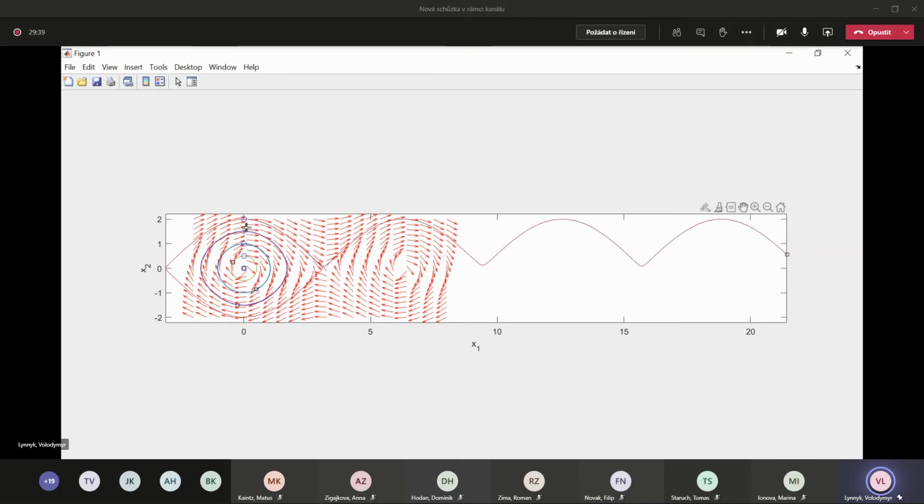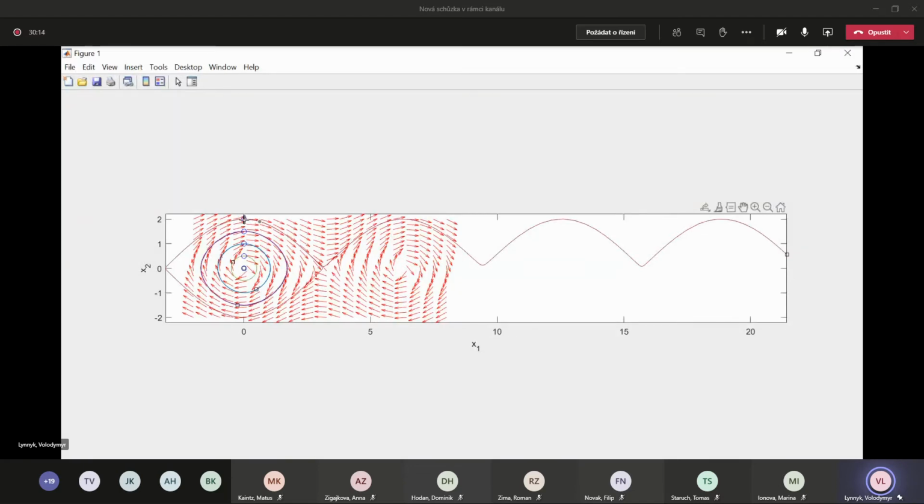But when we start here, we go to this saddle point and then make one more step and go out.